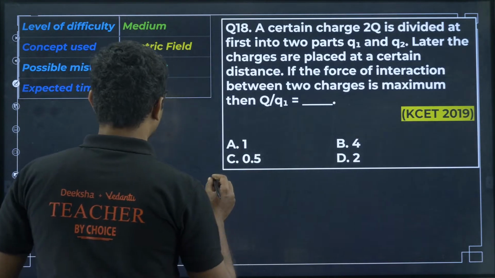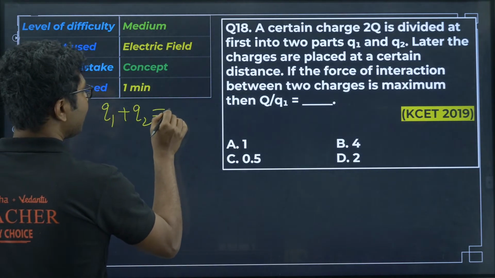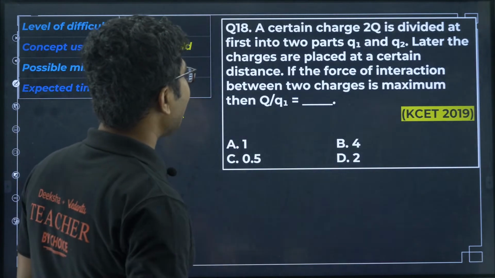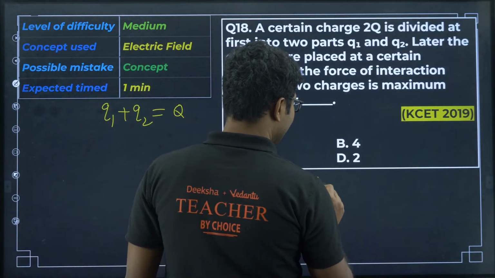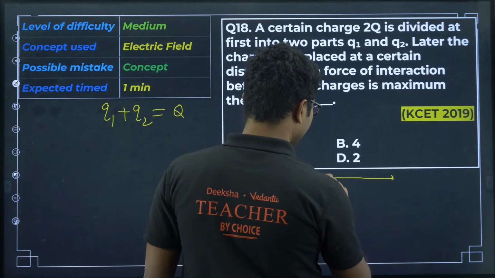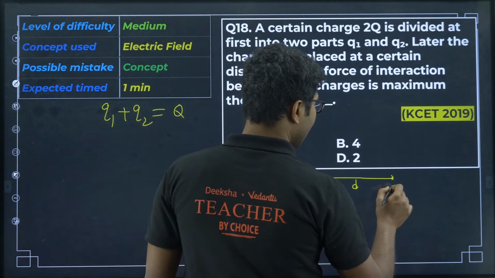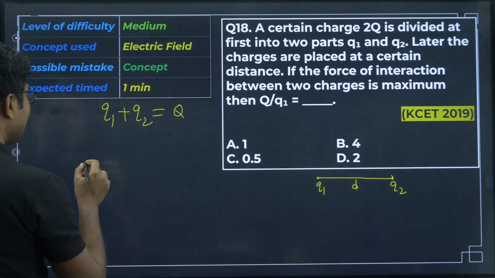So we have separated two charges Q1 and Q2, and it is given that their sum equals capital Q. Now they are placed at a certain distance d. The distance is obviously not important here. It is said that the force between them is maximum.